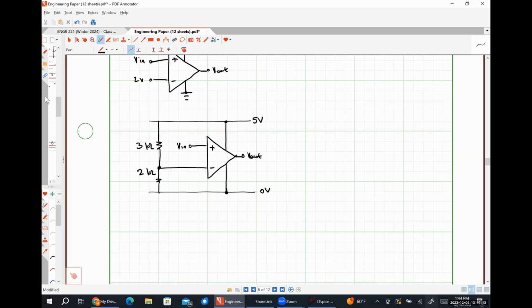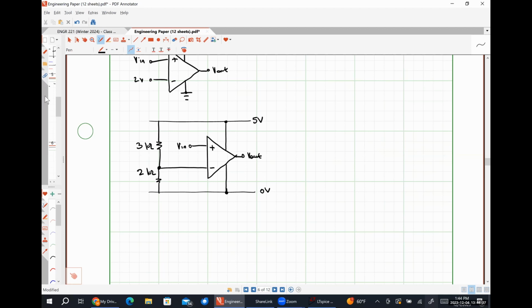Here's the load resistance, here's the output resistance. Here's the input resistance. Here's the plus, here's the minus.